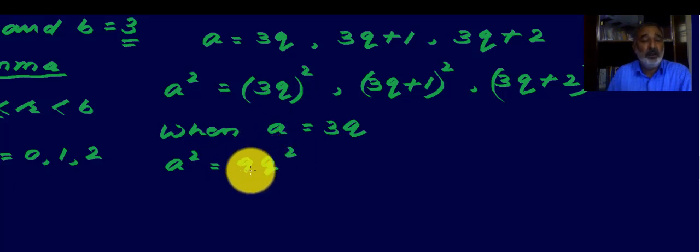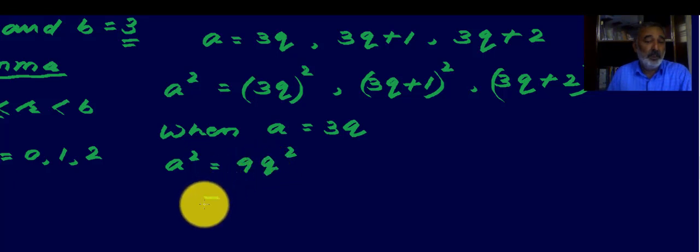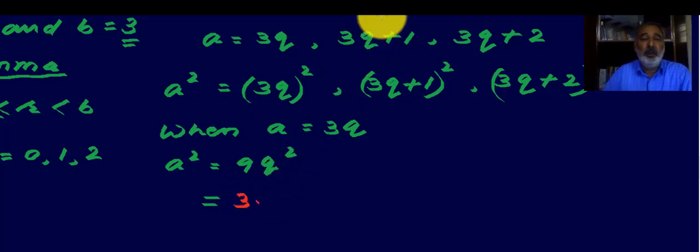I can write this number as a multiple of 3, as it is divisible by 3. So I can write this 9 into 2 terms, 3 multiplied by 3q square.